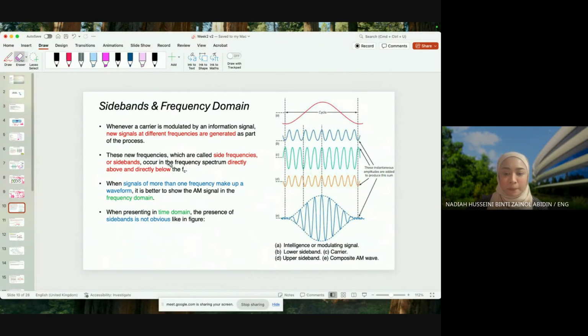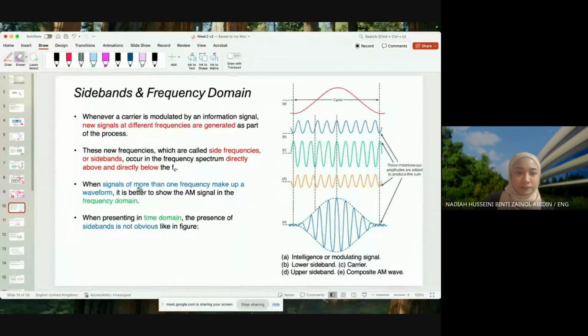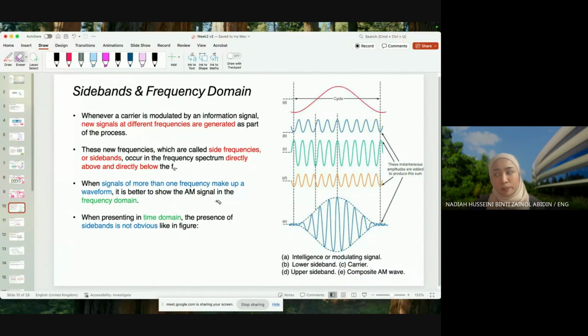Okay, moving on. Sidebands and frequency domain. What we have talked about so far is these kinds of waves. And when it is already in AM, you can't really tell which is the carrier. Where is the carrier? Where is the VM?